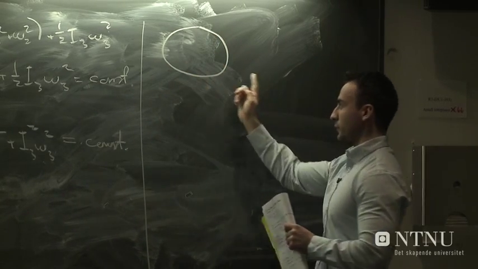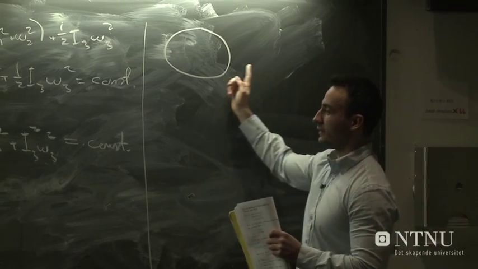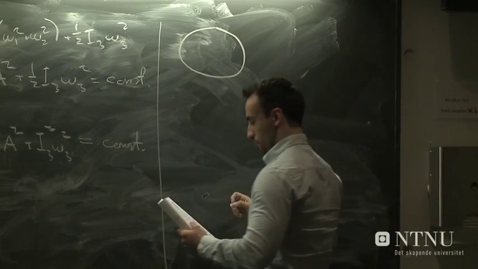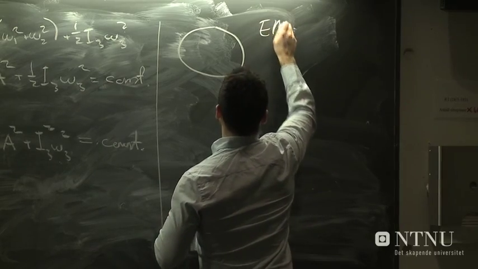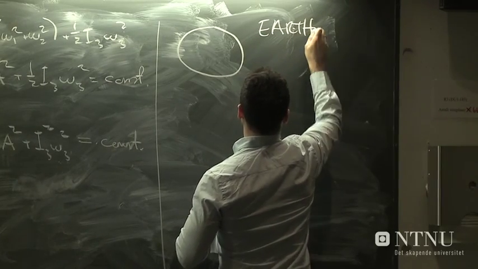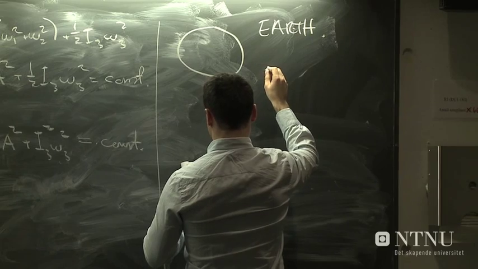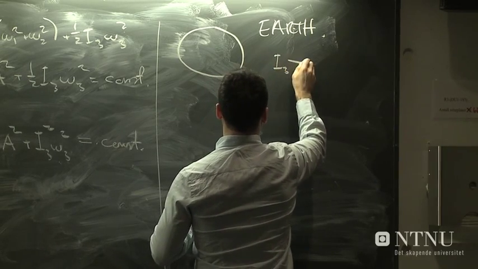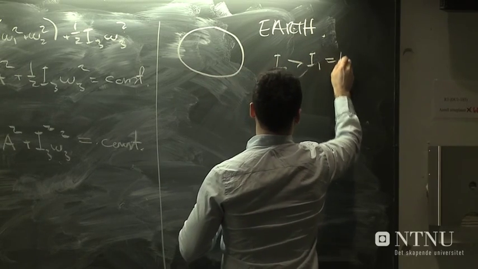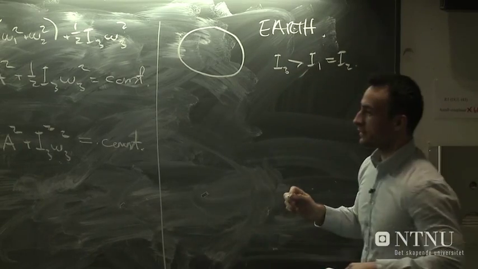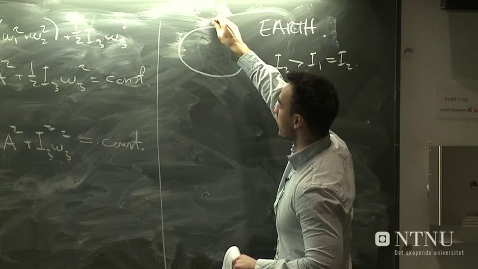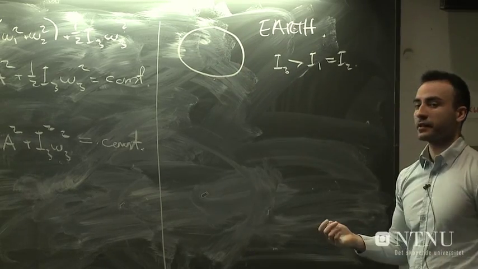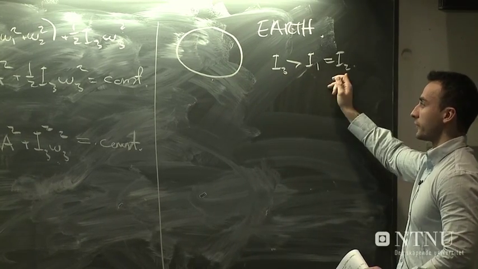Yeah, so this is supposed to represent a situation where we have this symmetry in the plane. In which case, the main moment of inertia along the z-axis here, we have a north pole and south pole, is larger than the moment of inertia in this plane.